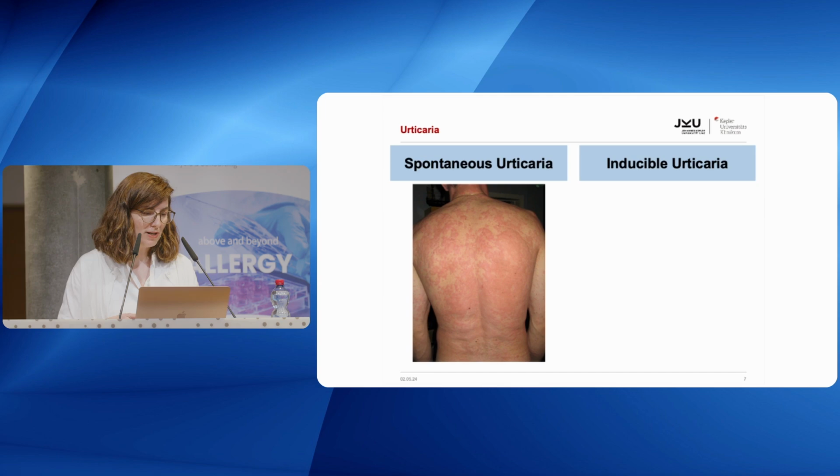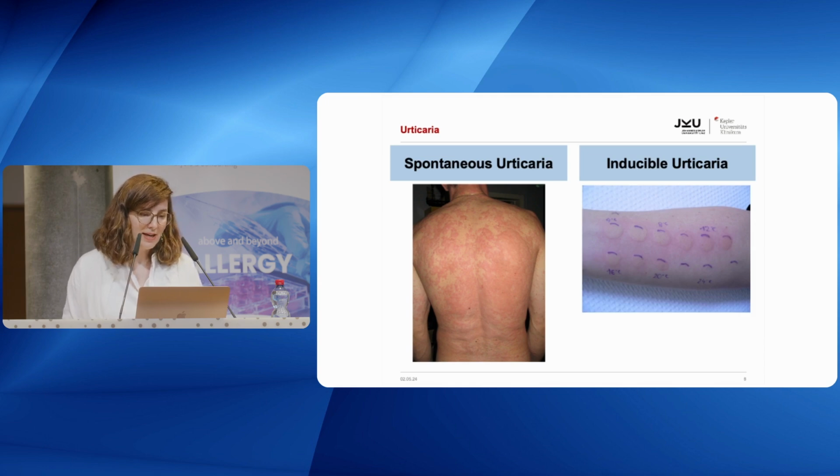How does this look? In spontaneous urticaria, it can be anywhere, all the time, anytime. In inducible urticaria, it typically occurs where the physical trigger is on the skin. This is an example of a cold urticaria patient, and you can see where the cold contact is happening on the skin, in these round circles.